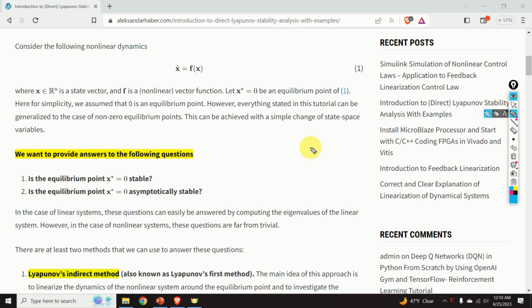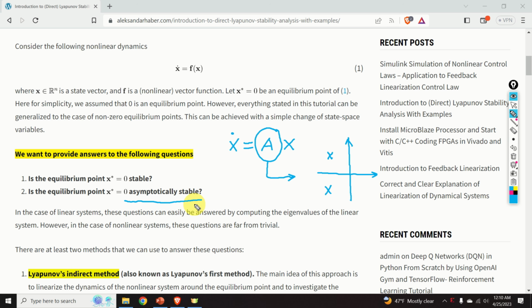If this is our linear system description, x dot is equal to Ax, then we only need to compute the eigenvalues of the matrix A, and from the eigenvalue location in the complex s-plane, we can provide answers to these questions. For example, if the eigenvalues are located here and here, then the system is asymptotically stable.